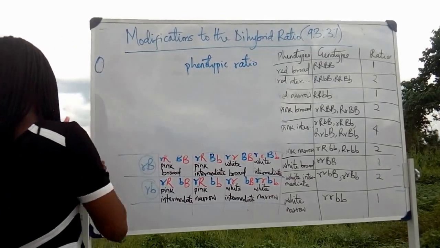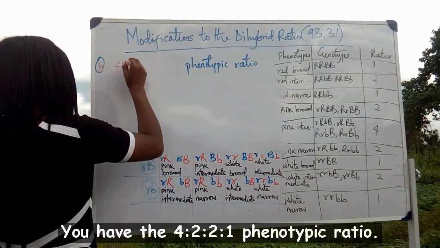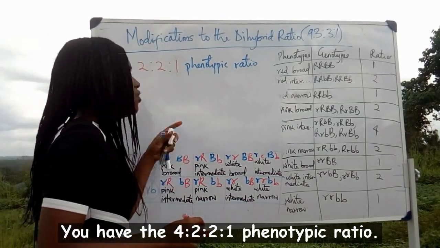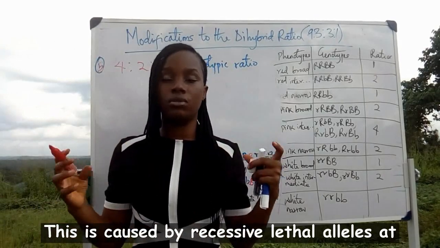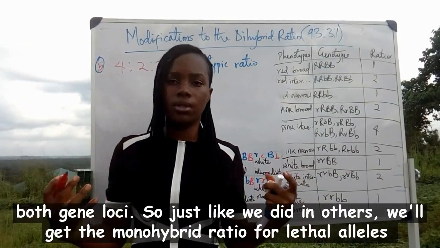for this class, we have the 4 to 2 to 2 to 1 phenotypic ratio. This is caused by recessive lethal alleles at both gene loci.